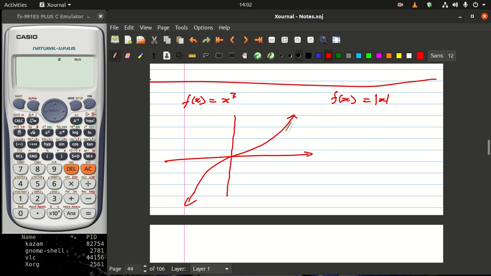On this side, this is y, this is x. The function will look something like this, and on this side it will look something like that. Of course, this is f.